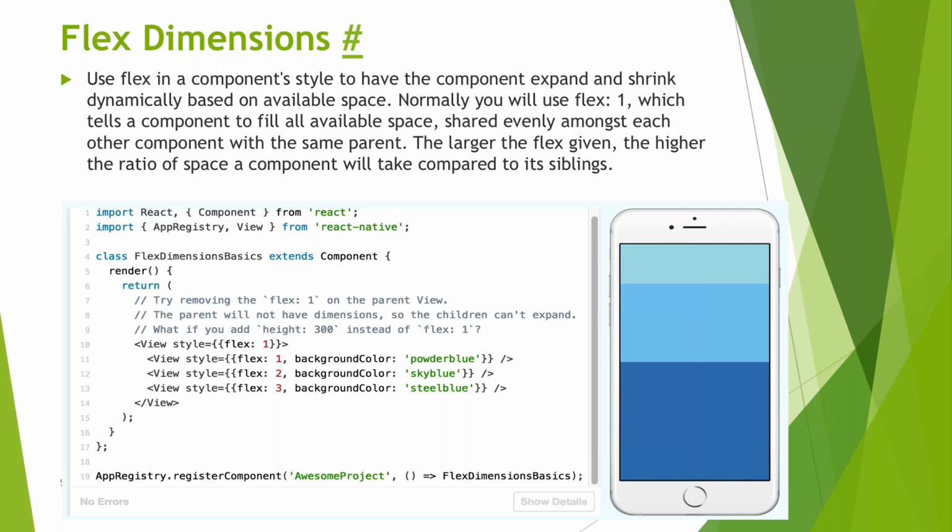When you have a parent which has a specific height and width, suppose 100 cross 100, and inside that you write two views and you give them flex as 0.5, it will automatically split the view into half for each of them. If you give flex as 1 and 2, it will give 1/3 to the first view and 2/3 to the second view. So basically it will split proportionally amongst the views based on your flex values.